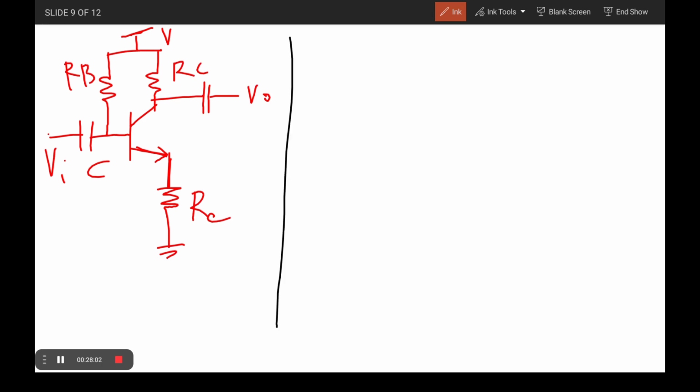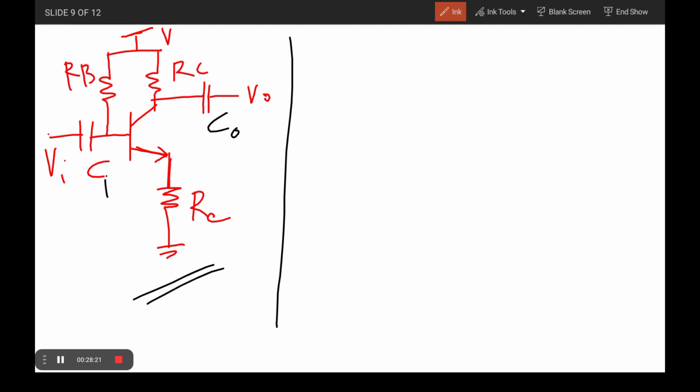So this is the circuit diagram. For this circuit diagram, you have to represent the small signal model and calculate the gain of the circuit. At the same time, you need to find out the gain of the circuit.